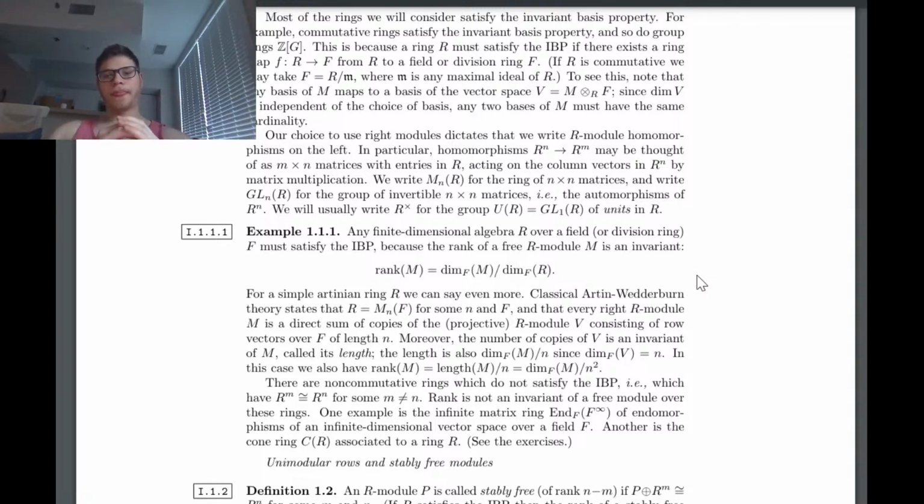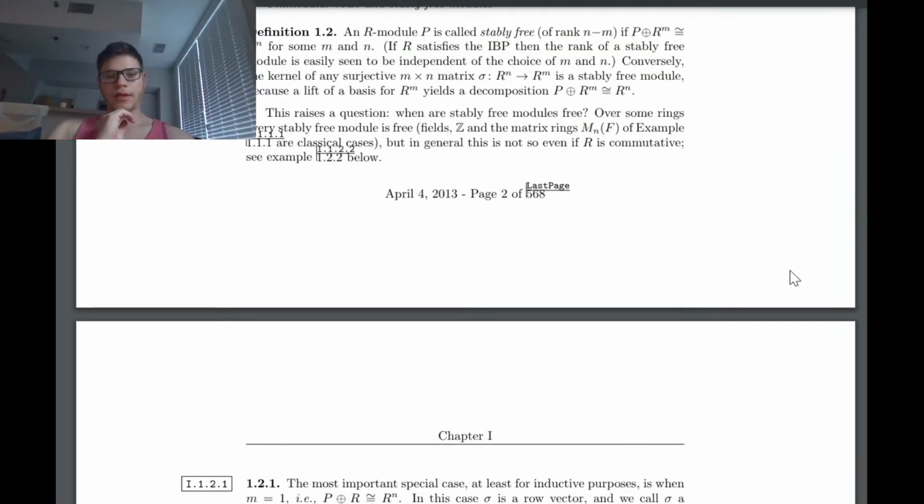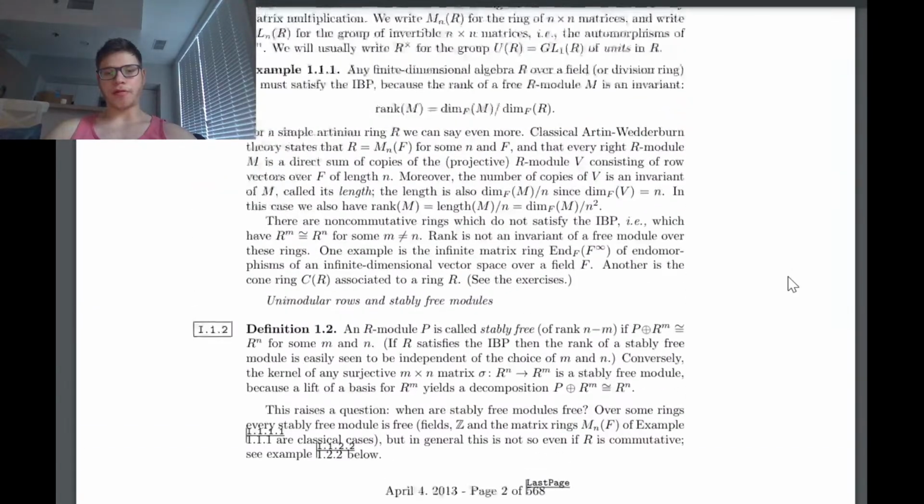If you have a module over some algebra over a field, then over that field you have, or I feel like maybe this should be the dimension over R. But no, wait, sorry, that's not well defined. Yeah, I'm not sure why this is true. I want to try and convince myself why this is true.